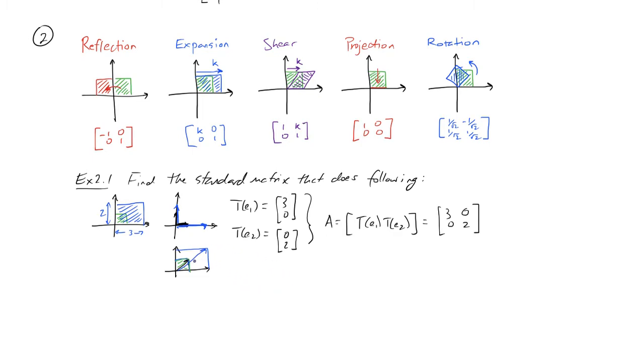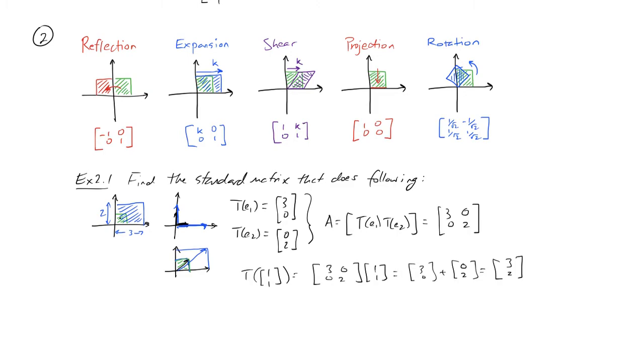Let's take the vector (1, 1) and multiply by this matrix. You can see that these are the weights on those two columns. So we're going to get (3, 0) plus (0, 2), which is (3, 2). Exactly what we'd expect in this picture.